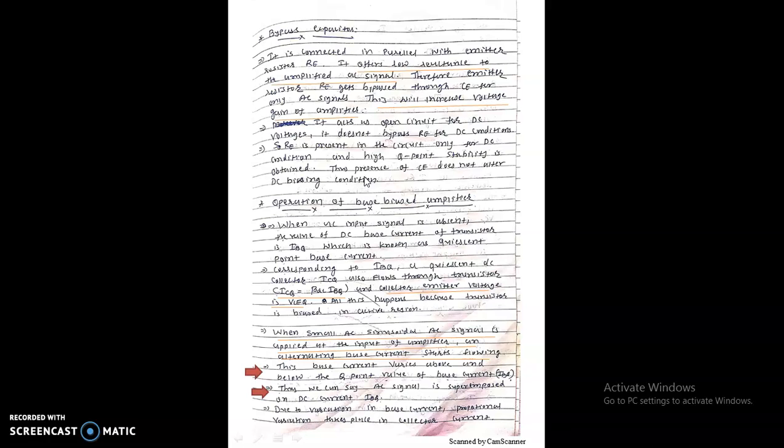Corresponding to IBQ, a quiescent DC collector current ICQ also flows through the transistor, because IC is equal to beta DC times IB, and the collector-emitter voltage is VCEQ. This happens because the transistor is biased in the active region. As IB increases, IC also increases. This is the operation.